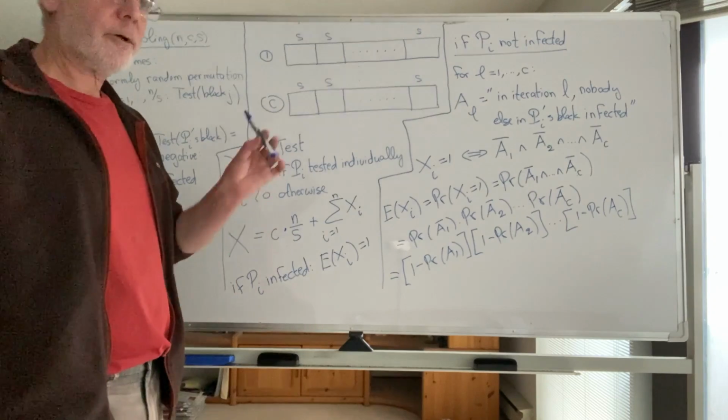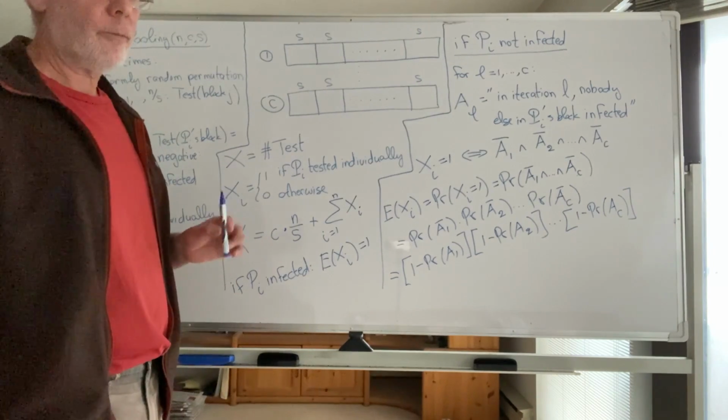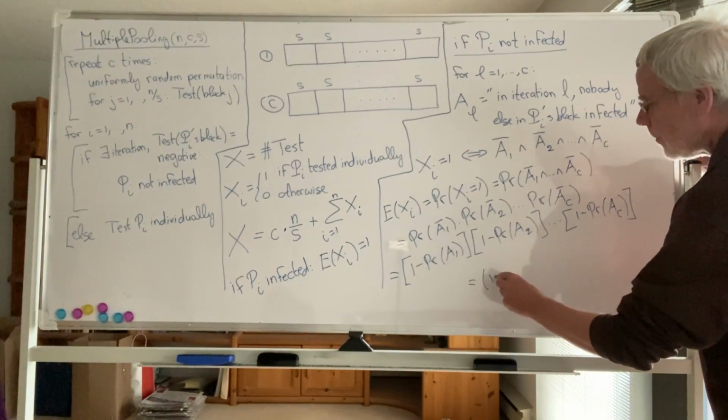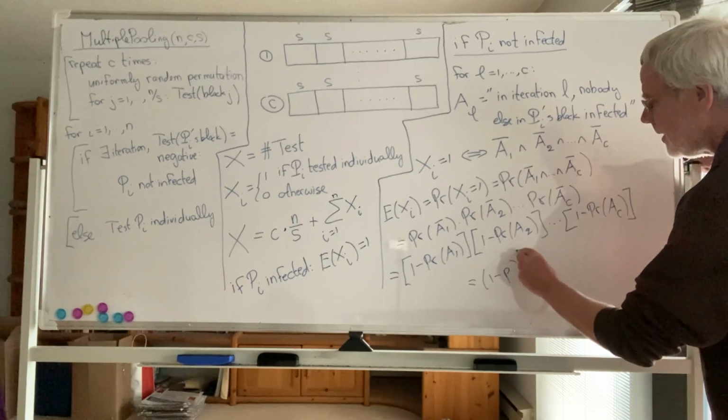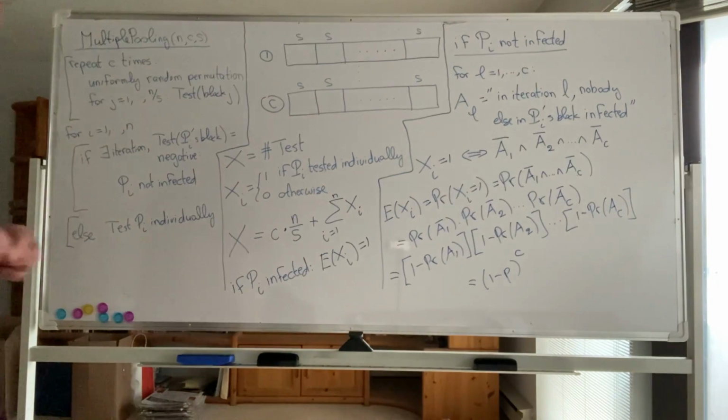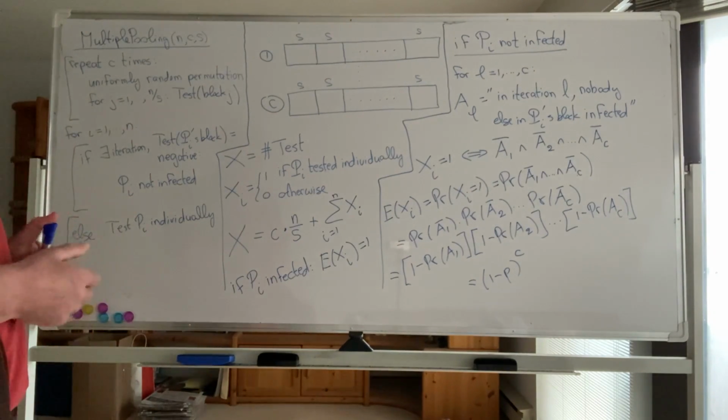And in the first part, I used this parameter p. So this is just 1 minus p to the power C, where p is the same number as you saw in part 1 of the video.